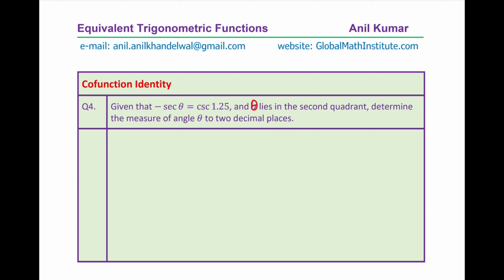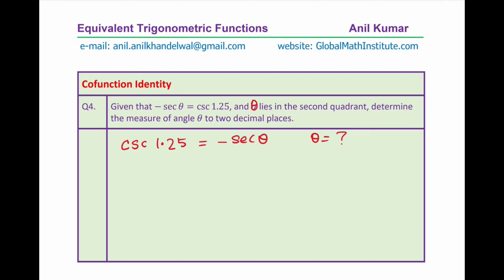So let me rewrite this as we are given that cosecant 1.25 is basically equal to minus secant theta, right? And we have to find what theta is. So that is the question for you.